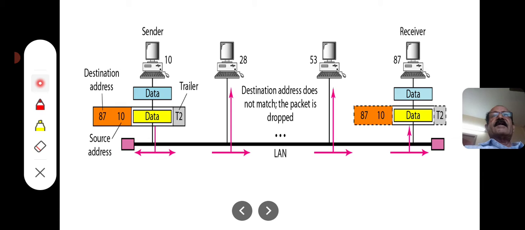Their physical addresses are: sender has physical address 10, receiver has 87, and the other two have 28 and 53. On the sender side, in the TCP model, the application layer generates data. Two layers we are considering for discussion's sake. Remaining things are not necessary, though their role is there.